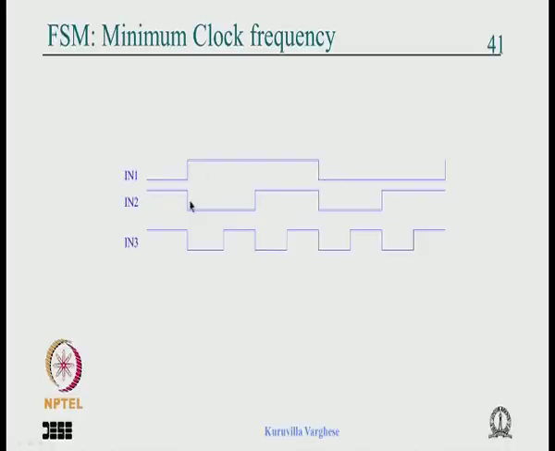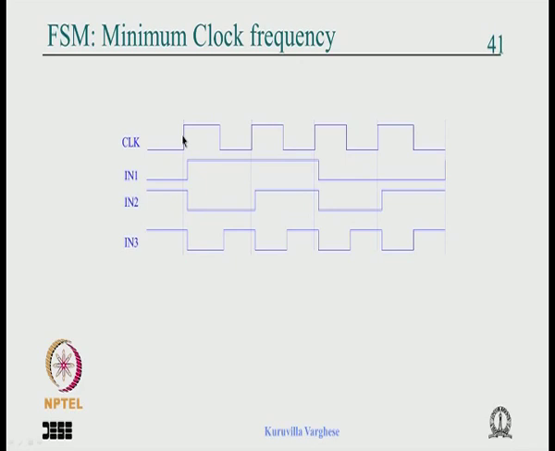So what I have shown is 3 inputs, and you know that in3 is some frequency, maybe 100 megahertz, in2 is 50 megahertz, and in1 is 25 megahertz. Now I put a clock to see what the minimum frequency should be. Of course I have worked it out and manipulated it for you to understand, but look at this.